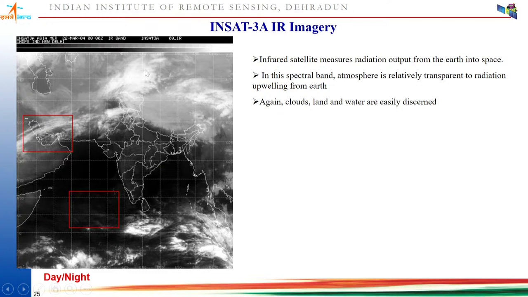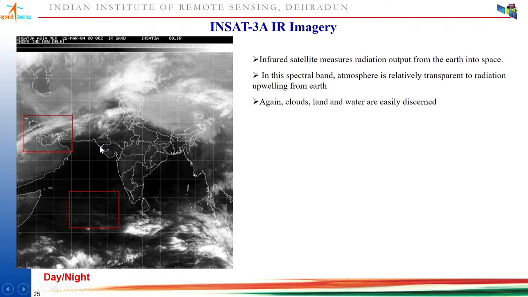The important point is, if the object has a low temperature, it will be black in color, the low color. For example, here clouds will have low temperature as compared to the land and water. So basically, if temperature is high, it will look brighter.